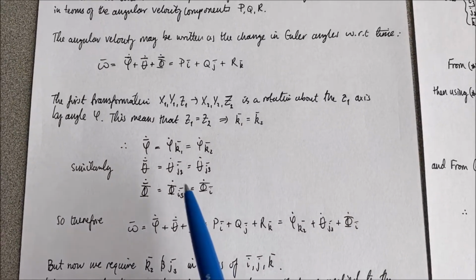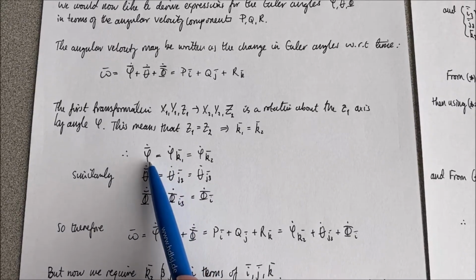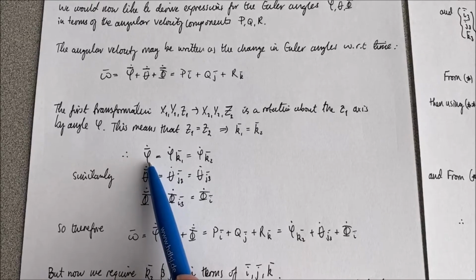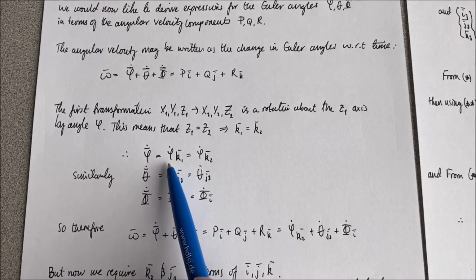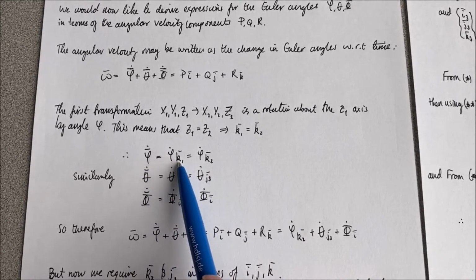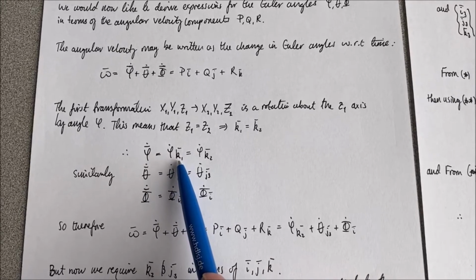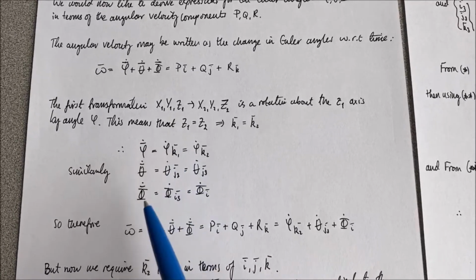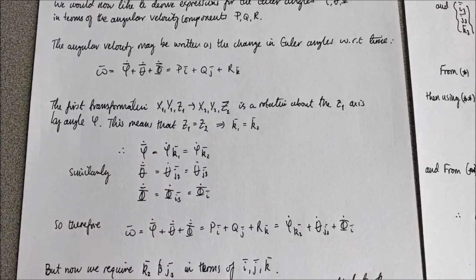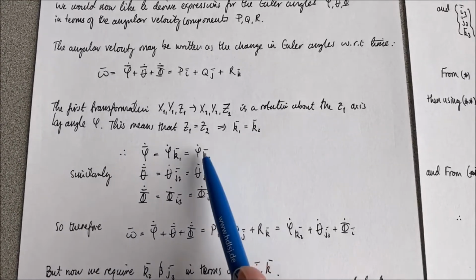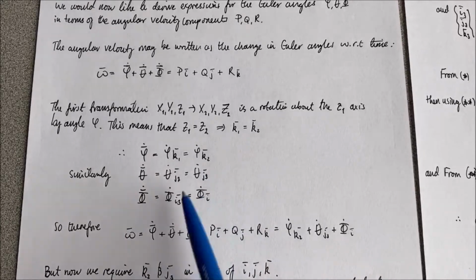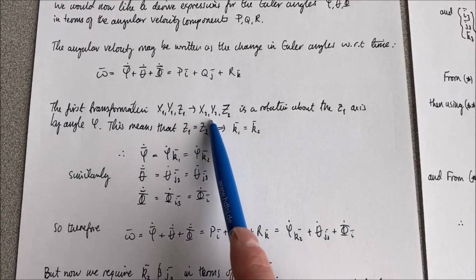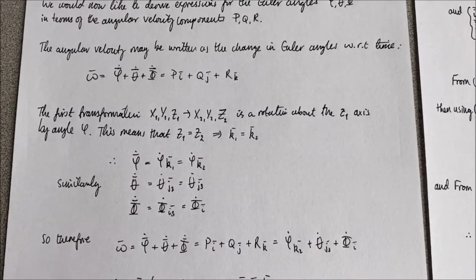So therefore we can write our change in psi, which is our rotation about the z-axis, like this. So we take the change in Euler angle multiplied by the unit vector in the z direction, which we've just said is the same as the unit vector in the z direction in the next sequential intermediate coordinate system.